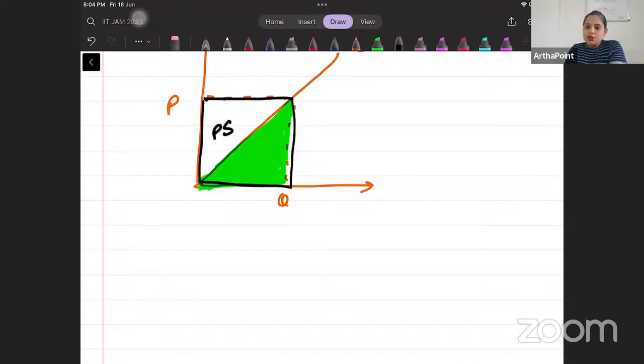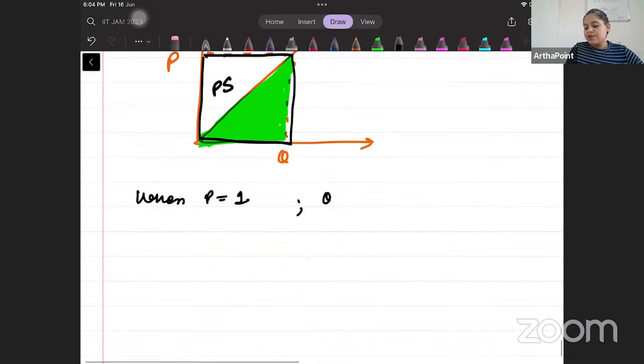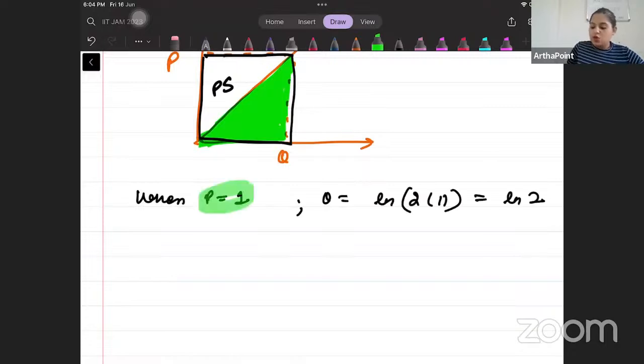Now think, beta, when P is 1, what is Q? Q is ln 2 into 1. That means ln 2. So when P is 1, Q is ln 2.